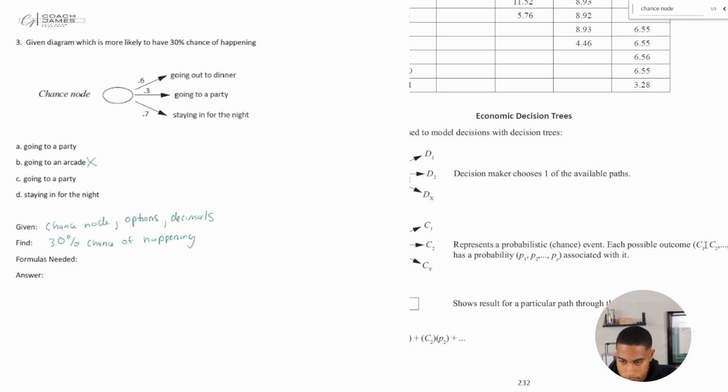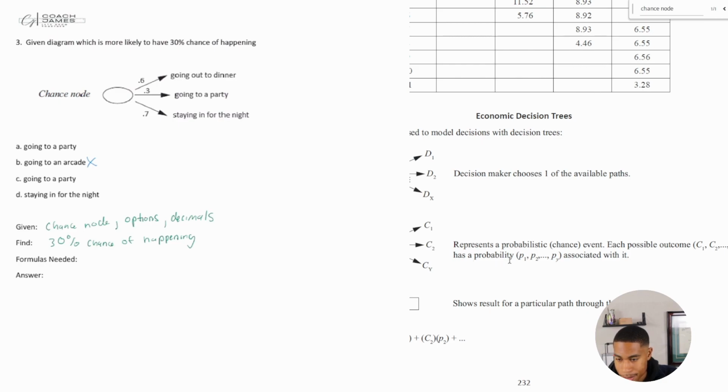So in our case, C1 is a possible outcome. In our question, going out to dinner is a possible outcome. Perfect, so we know C1. C2 would be going out to a party. And then C3 would be staying in for the night. So these are the possible outcomes.